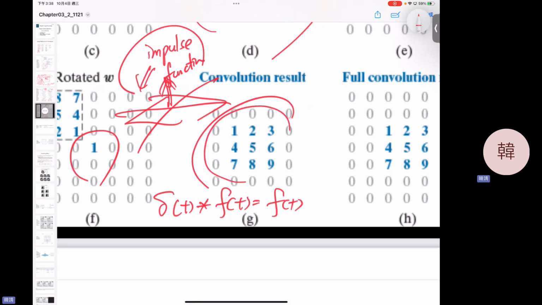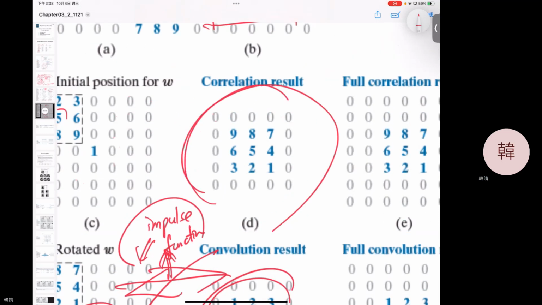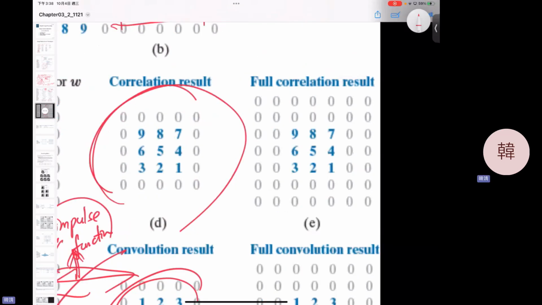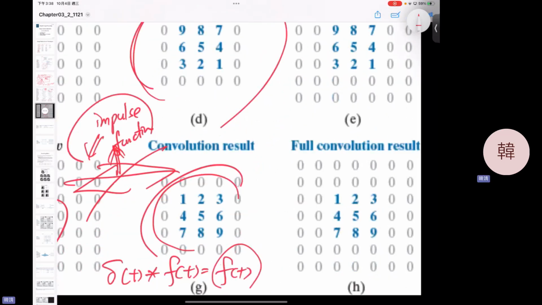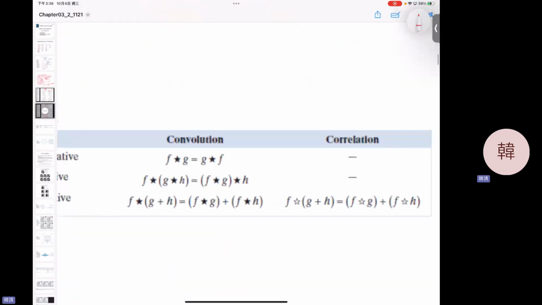Every impulse convolved with the image gives the image itself, but correlation is different. So please make sure whether what you write in your code is convolution or correlation, because it is different.